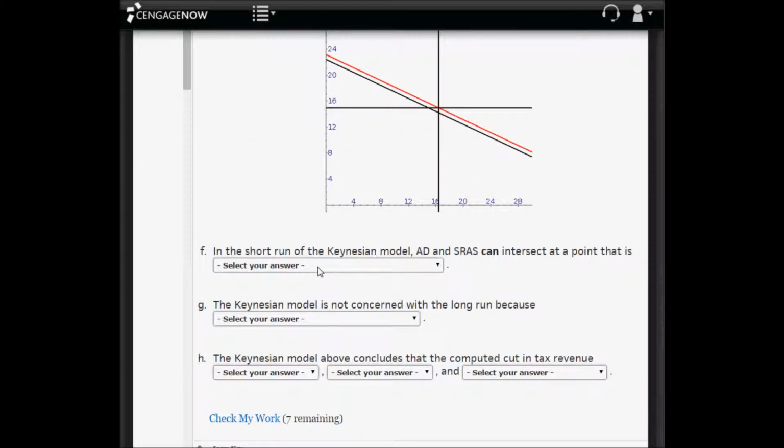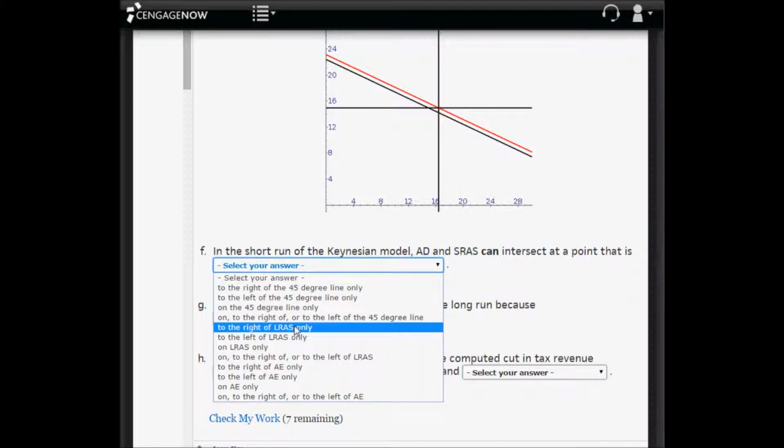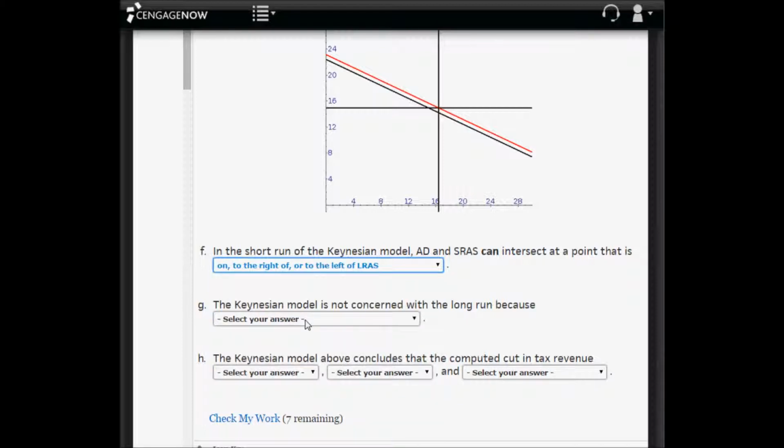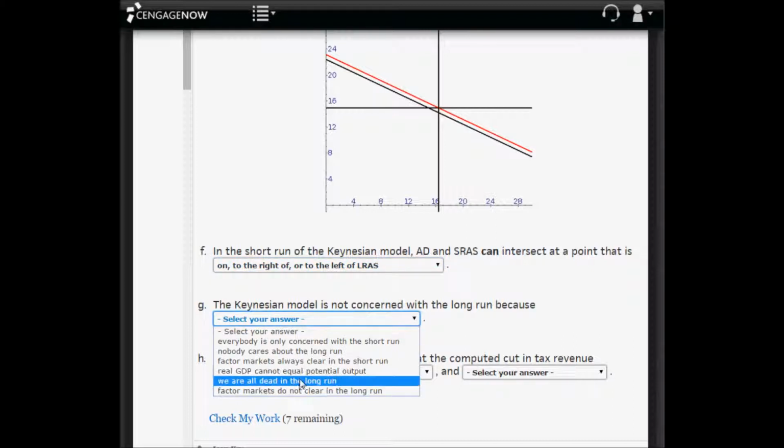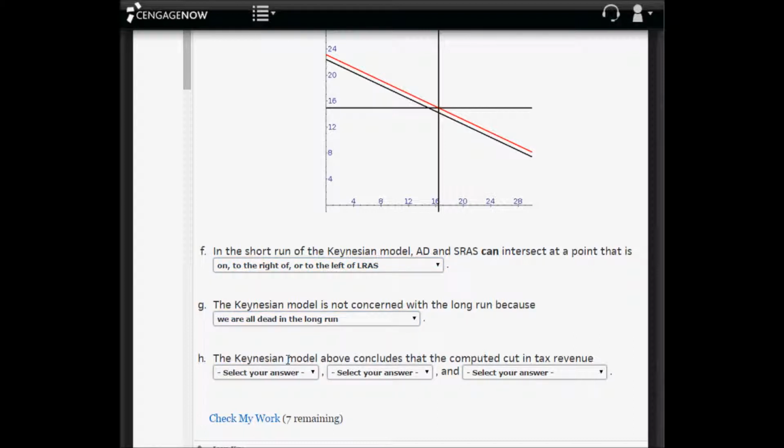In the short run of the Keynesian model, aggregate demand and short-run aggregate supply can intersect at a point that is to the right of, or to the left of, or on long-run aggregate supply. Again, the Keynesian model is not concerned with the long run because we are all dead in the long run.